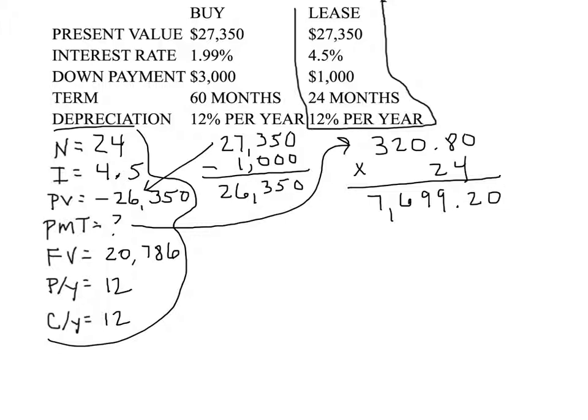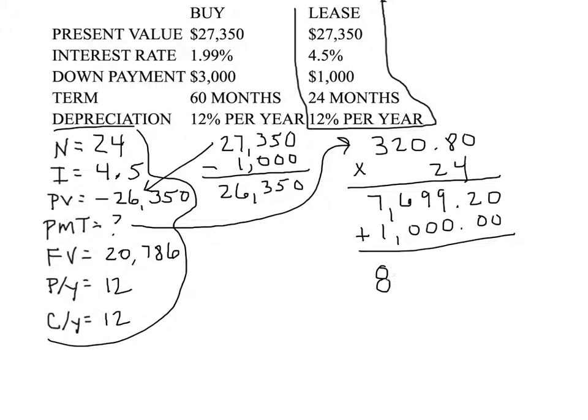Then one last step, if we have the total cost of our car: I put down $1,000 to begin with, then I paid them $320.80 every month for 24 months, so I have to add back into there the original $1,000 that I put as a down payment so that I can get my total cost.